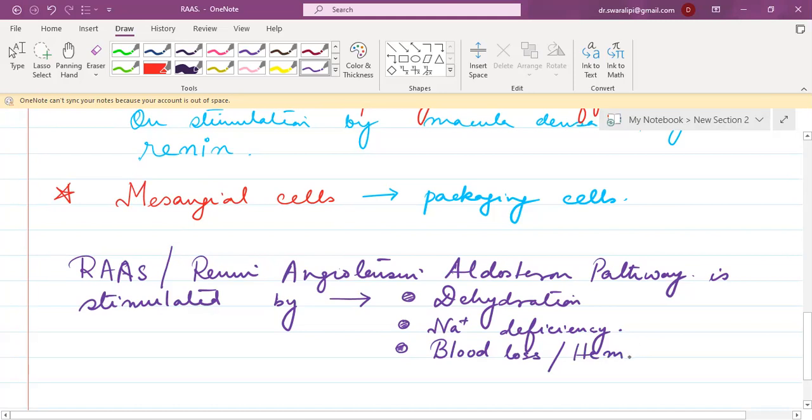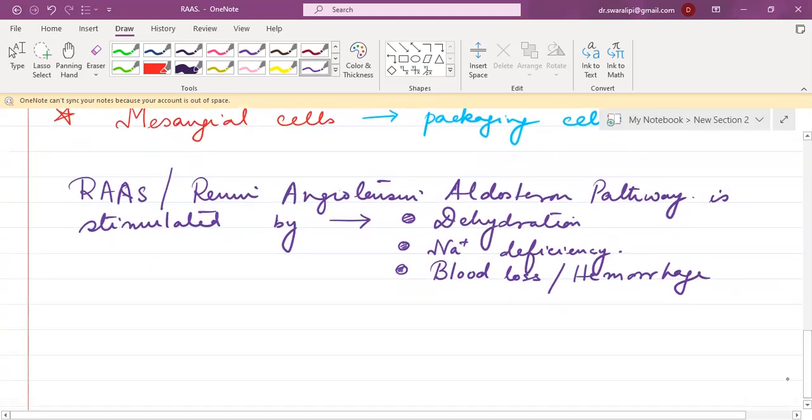Dehydration can occur, say, if you are having severe diarrhea, or simply loose motion, or vomiting. All these things can lead to loss of a huge amount of fluid, and that can lead to dehydration.